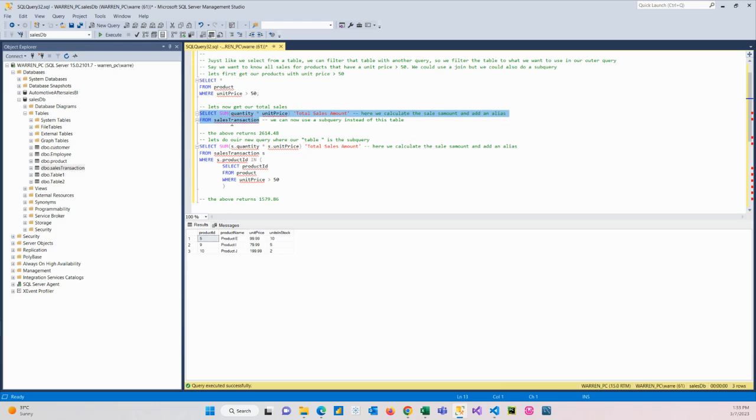So what we can do is take this exact query and put it down here. And we can say select the total sales amount from the sales transaction table, which we're calling S, where S.product_id, the product ID in the sales transaction table, is in, remember we did an in statement, this subquery.